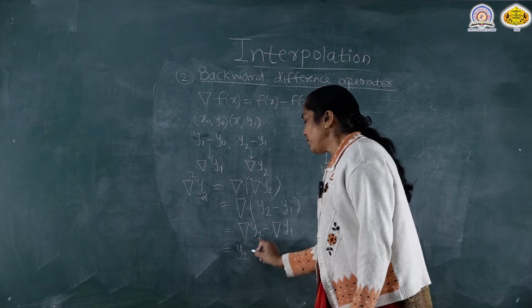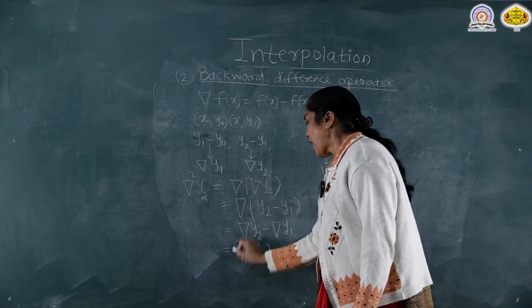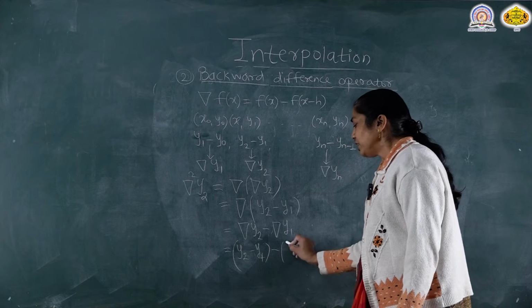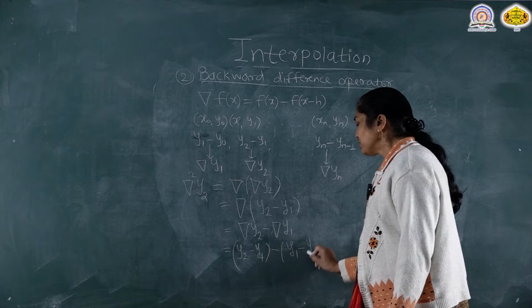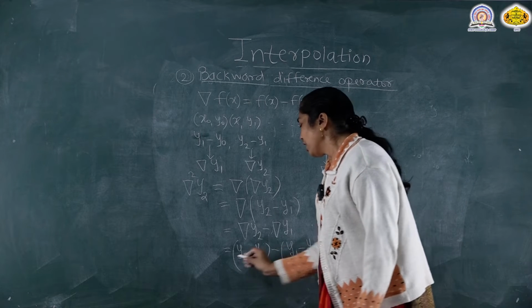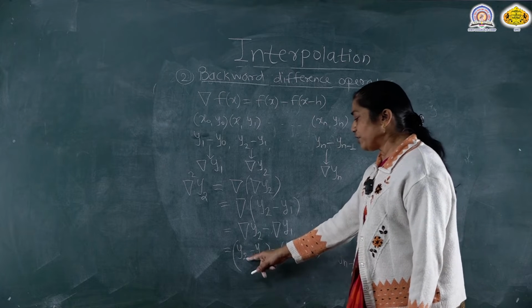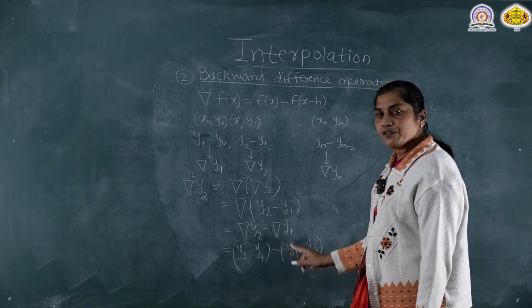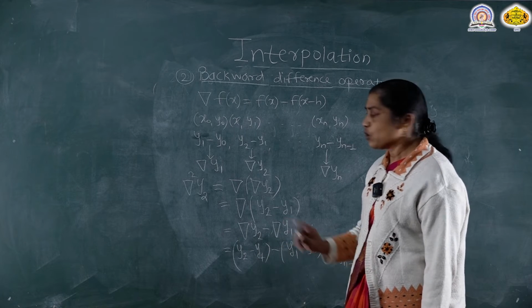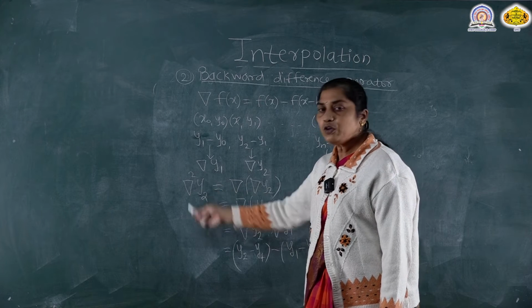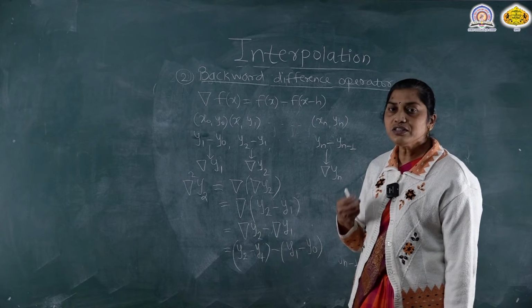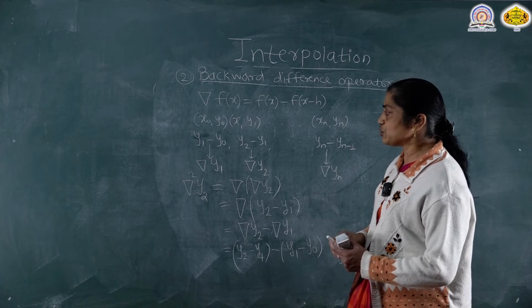It is nothing but y2 minus y1. And what is del y1? It is nothing but y1 minus y0. And therefore the answer comes to be y2 minus 2y1 plus y0. So observe that we are able to find the second backward difference, third backward difference and so on.